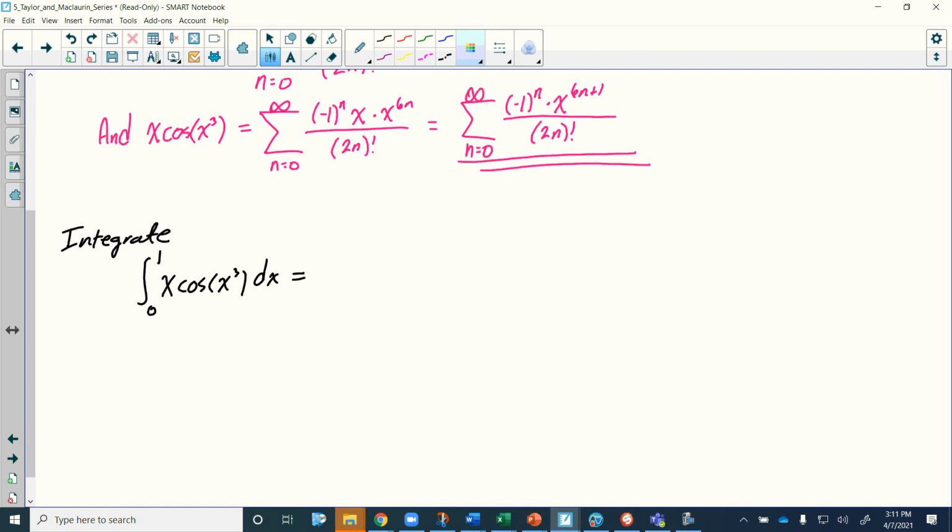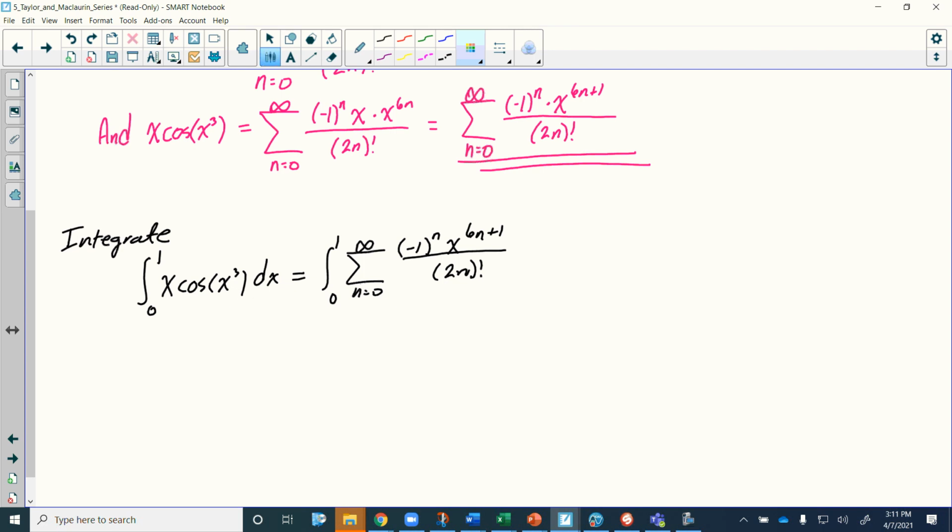And that is going to be equal to the integration from 0 to 1 of the power series that we just created, n equals 0 to infinity of negative 1 to the power of n times x to the 6n plus 1 power divided by 2n factorial.